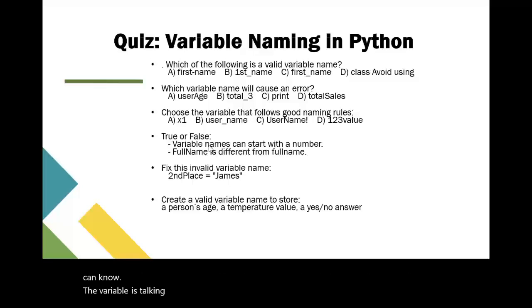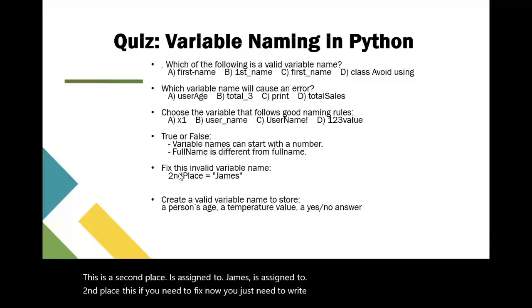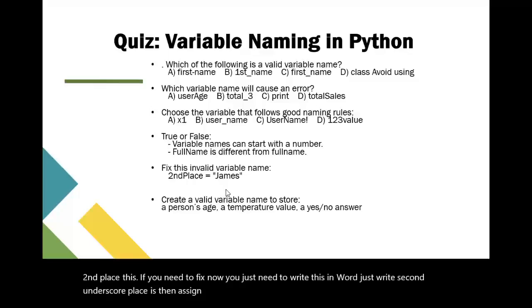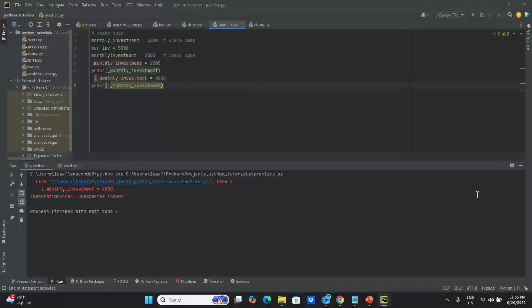True or false, variable names can start with a number. No. Then, full name, second place is assigned to James. To fix this, you just need to write second_place and then assign it to James. And this last one, I want you to try it yourself.